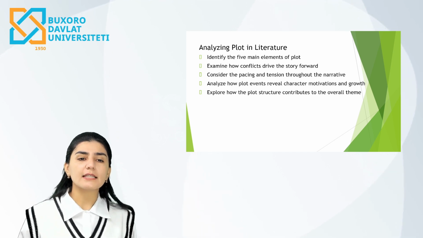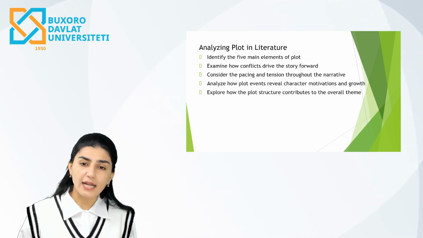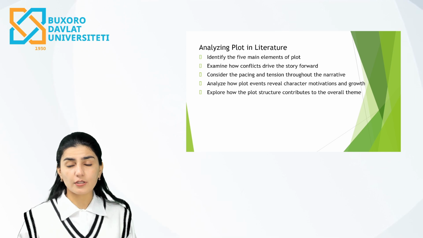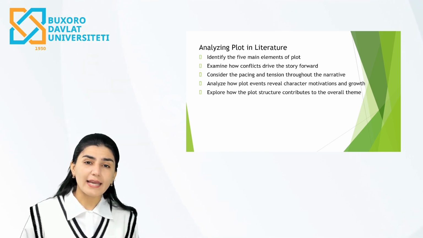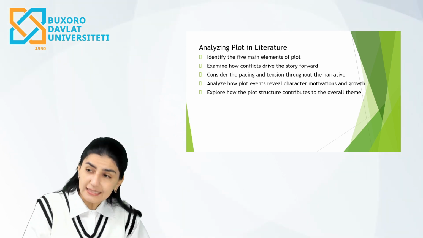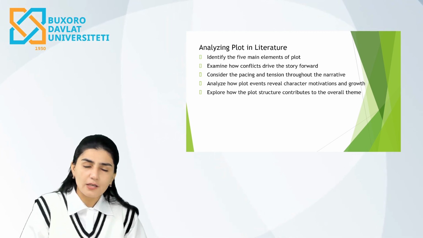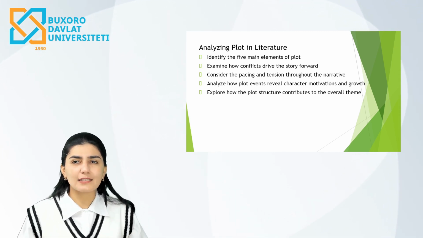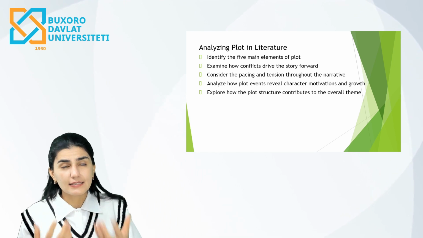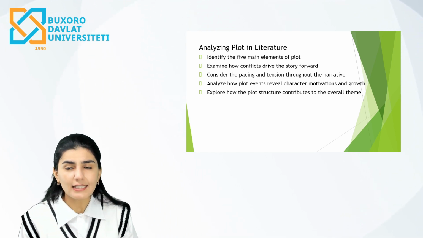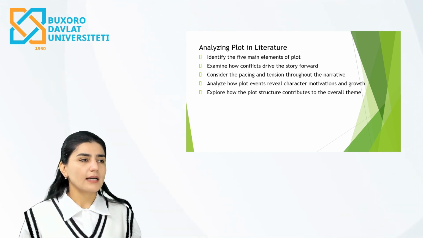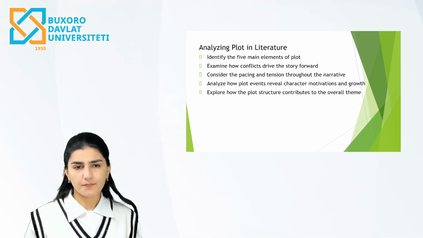And the last one is to explore how the plot structure contributes to the overall theme. That's why analyzing plot is very important for understanding the meaning of a literary work, for understanding what the writer is trying to say to us.